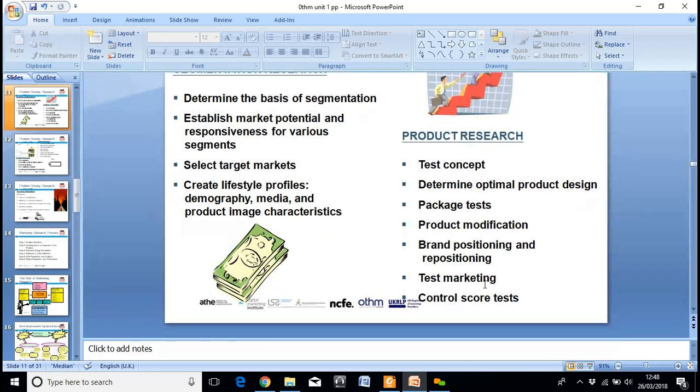Test marketing, putting it out to find out what people actually think of it. And then have score tests to find out who did what, which section or sector of the market found it the best.